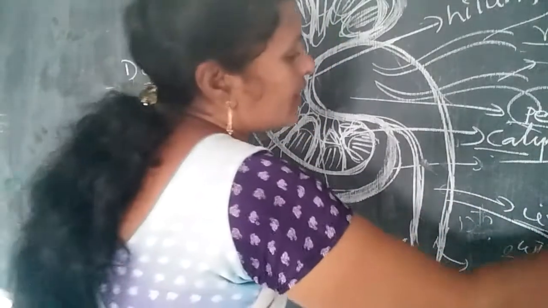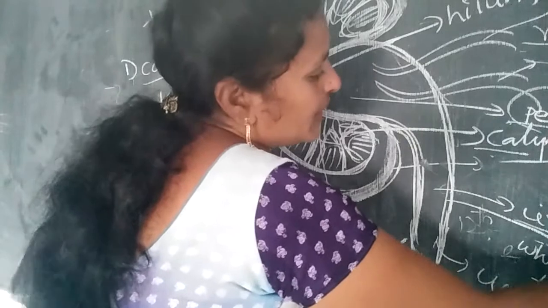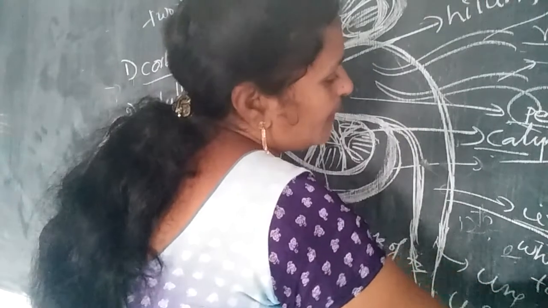So what is the urethra? It is the exterior opening of the urinary bladder.